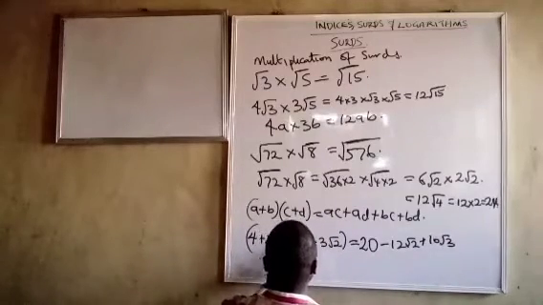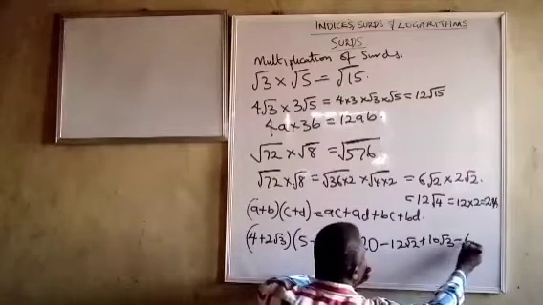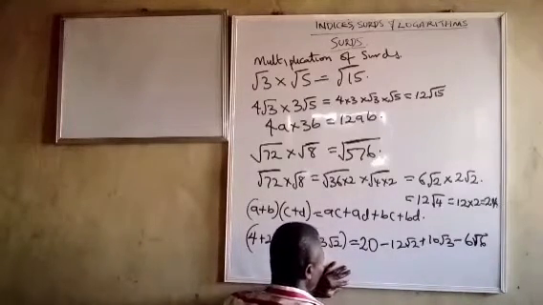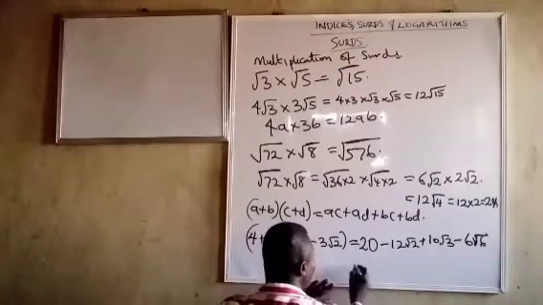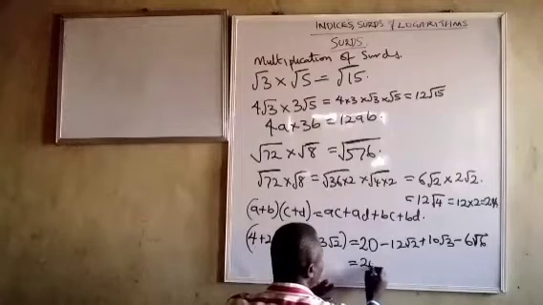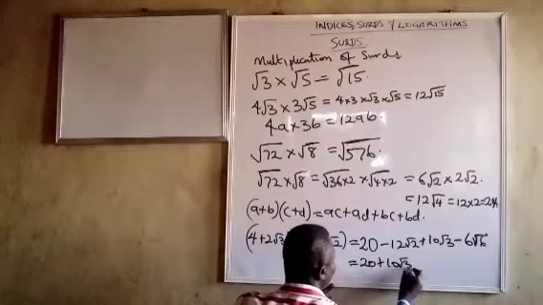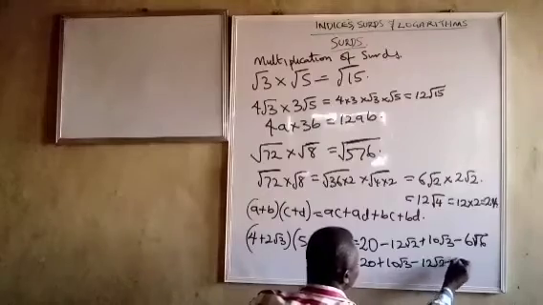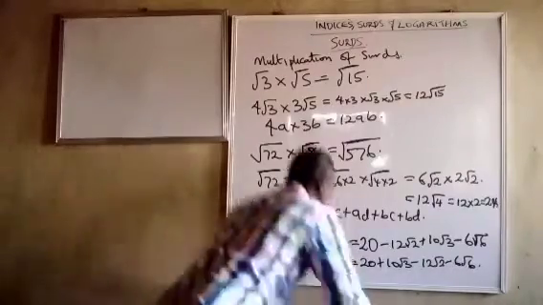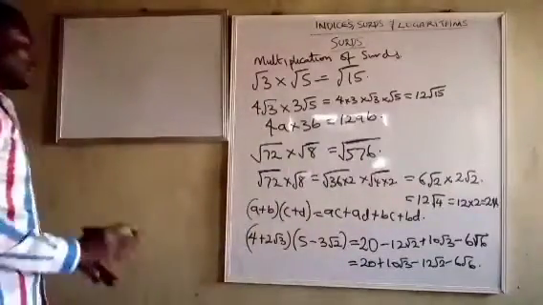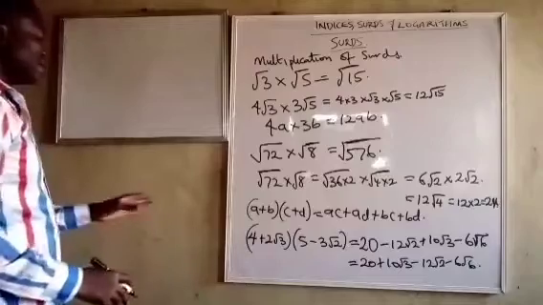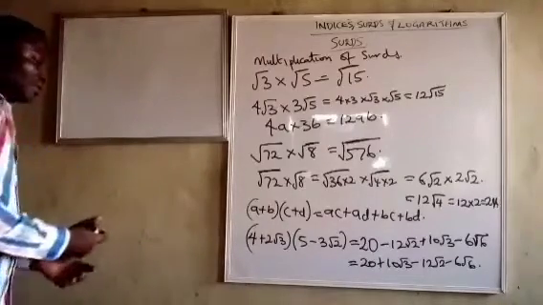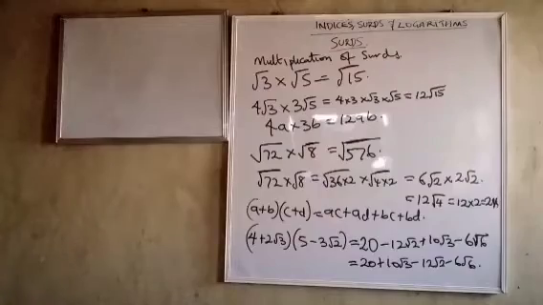And this one is going to give us minus 6 root 6. Can we simplify it further? I don't think so. So it's good like this. Unless you want to rearrange due to sign, you can say 20 plus 10 root 3 minus 12 root 2 minus 6 root 6. So with this, it has shown us that you can do our multiplication straight away, just like our normal linear equations, algebra.